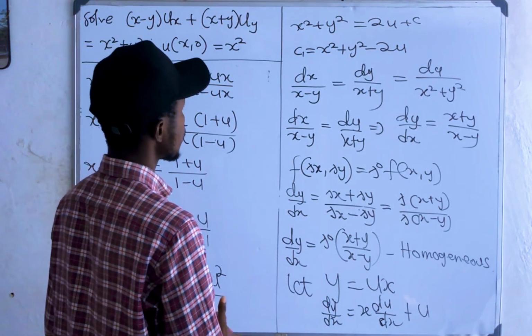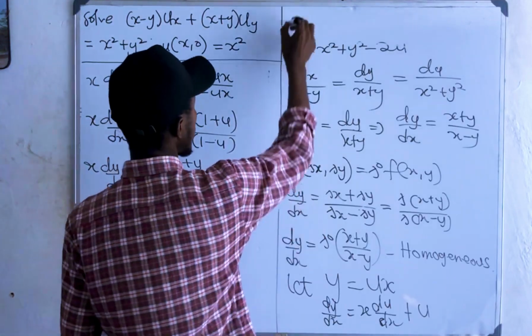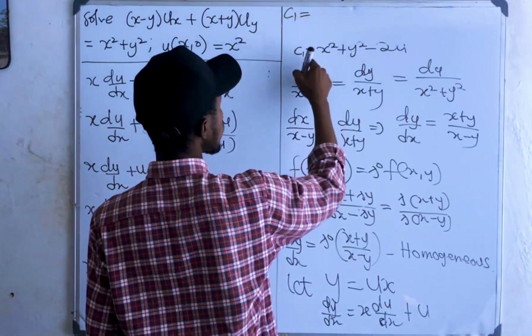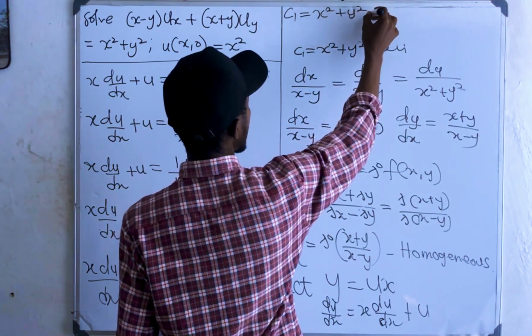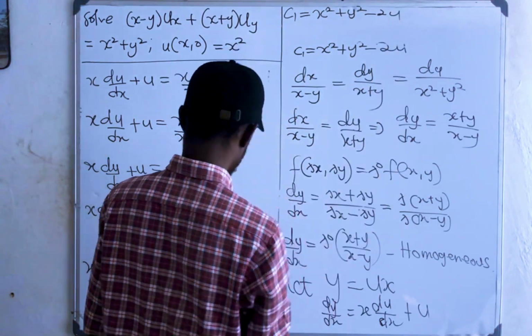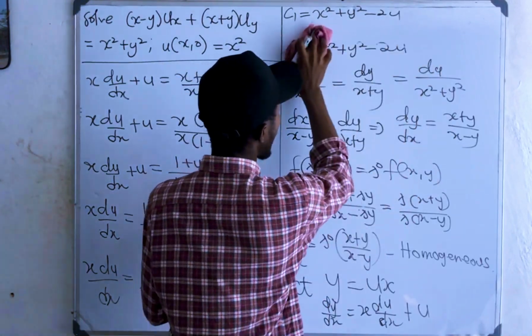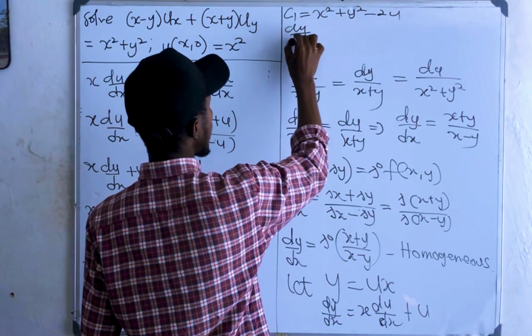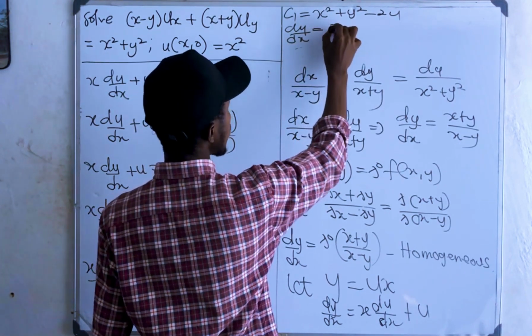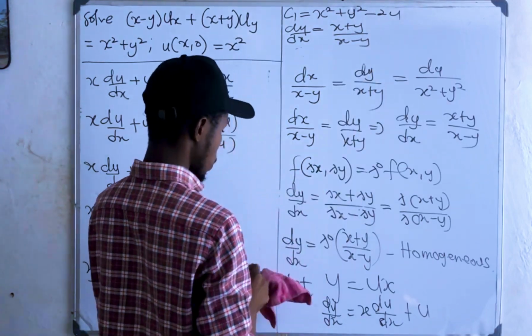Let me write the first solution there. C1 is equal to x squared plus y squared minus 2u. And also, let me write this one somewhere: dy/dx is equal to (x plus y) over (x minus y).